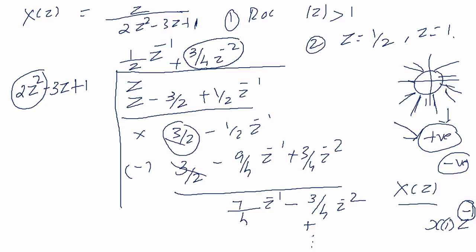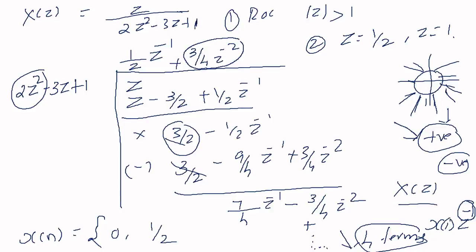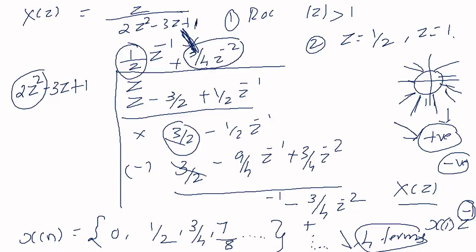And these steps will go on. Okay, so I am writing directly here. You have to complete this. At least 4 terms I need. Since you know how to do it, I am writing the result directly here. x of n is equal to 0, 1 by 2, 3 by 4, 7 by 8 and so on.